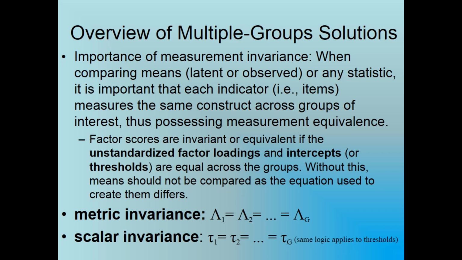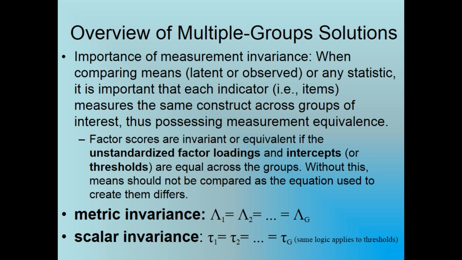However, if you were to use WLSMV or WLS, remember it doesn't estimate intercepts anymore, it estimates thresholds. So your thresholds, those cut points in that latent distribution, are being tested for scalar invariance. So if you're using WLSMV, you test whether the factor loadings and your thresholds are equal across groups.